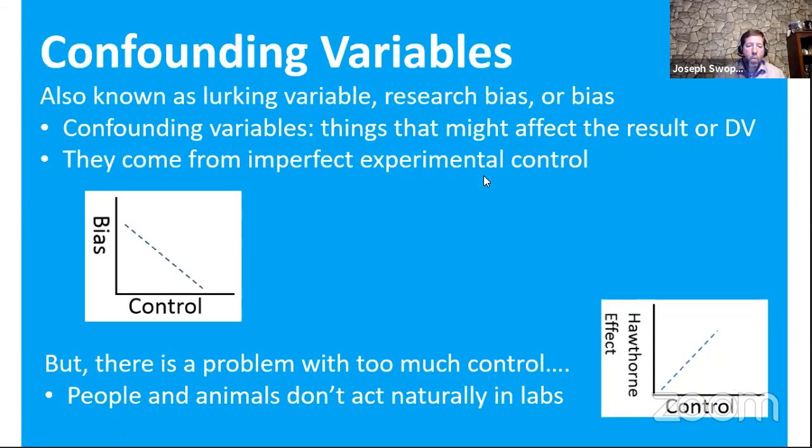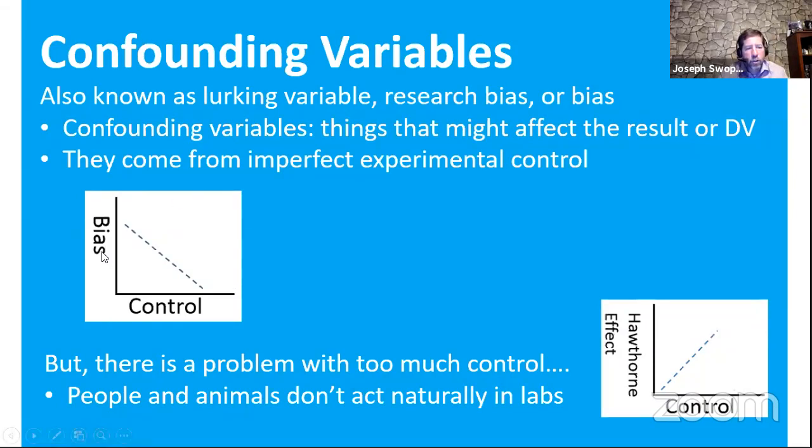The problem we have is that humans don't live in an operant conditioning chamber. We live in real life with variables and unexpected things. So our lives, and if we had research participants, their lives are filled with confounding variables. So that would be a lack of experimental control.